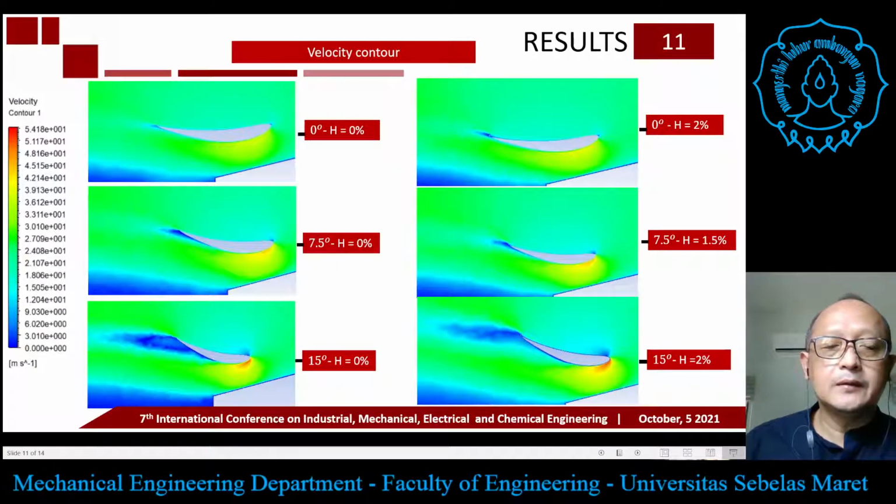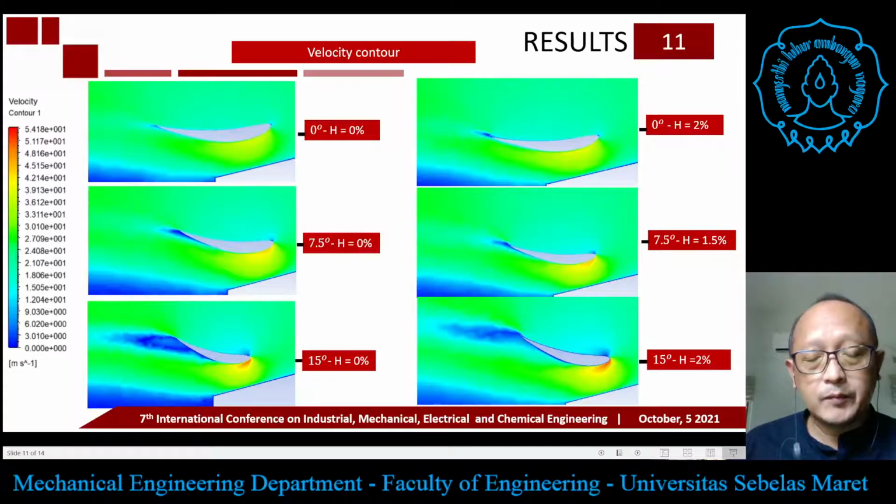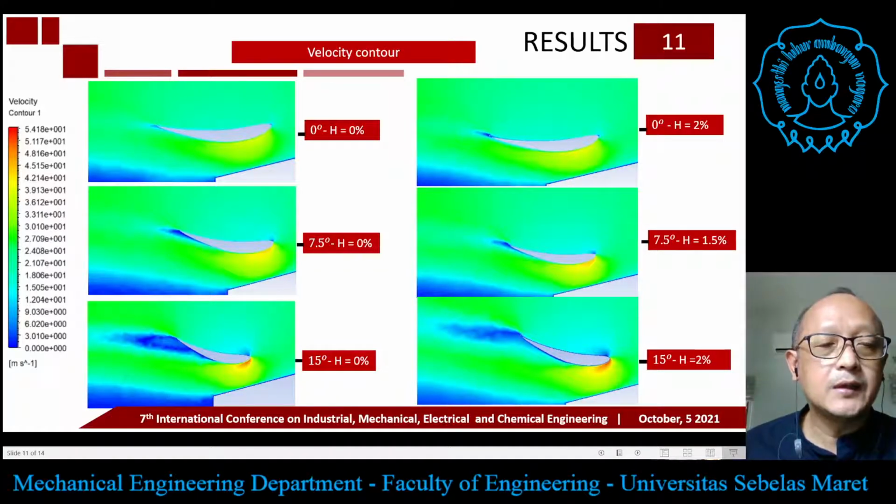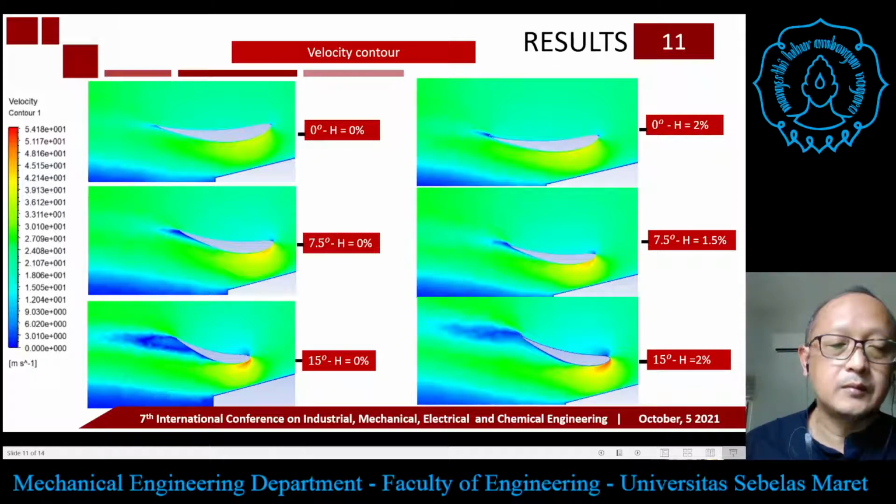The velocity contour confirms the result of the streamline of the flow contour. If we see the rear wing with a 7.5 degrees angle of attack, you can see that on the left side, the rear wing without Gurney flap, there is flow separation on the bottom surface of the rear wing.